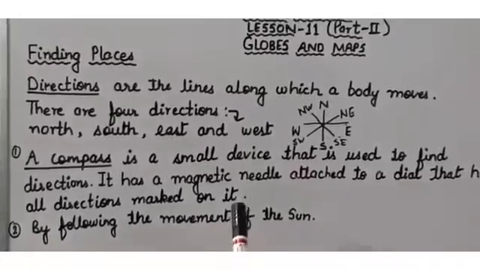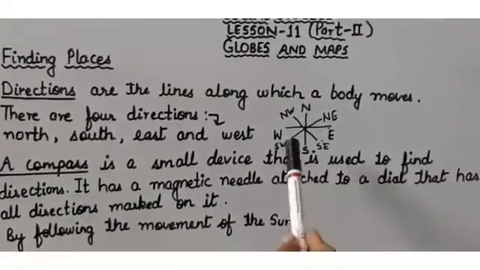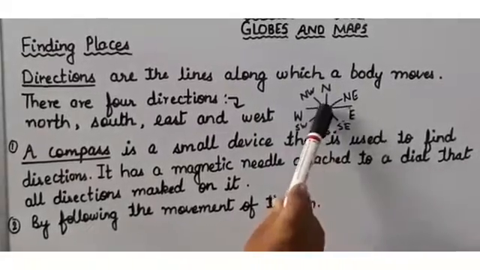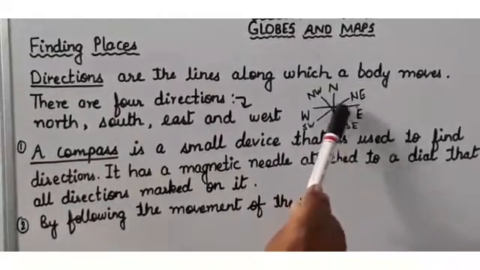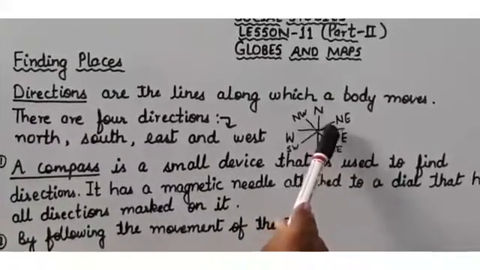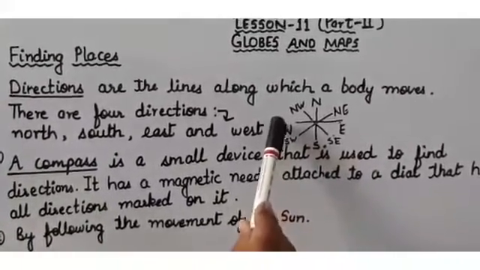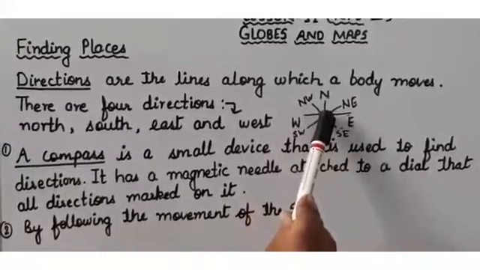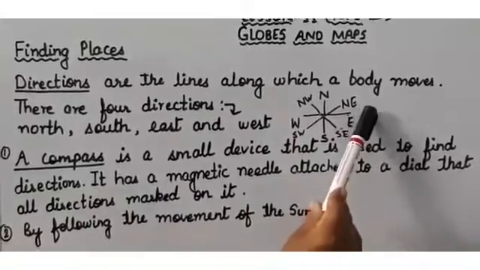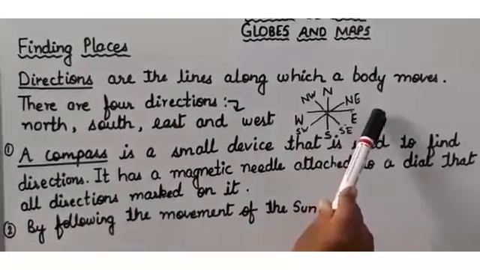It means if you stand facing the rising sun, towards the east, the direction in front of you will be the east. Means you are standing towards the rising of the sun, this direction will be east.